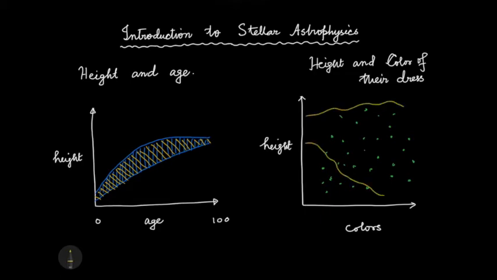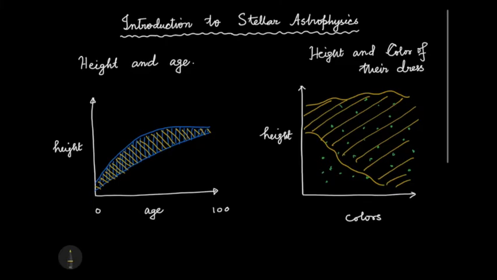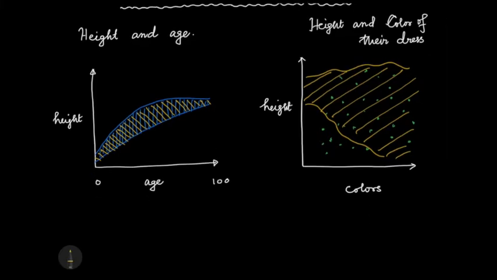So here it will lie in a band like this. Okay, so I'm not drawing the individual data points because they'll mix up with the other one, but it will lie like this. So once I have seen these plots, what do I understand?